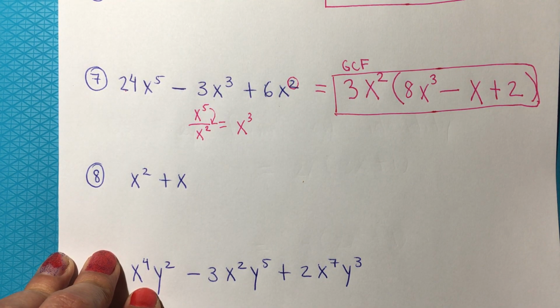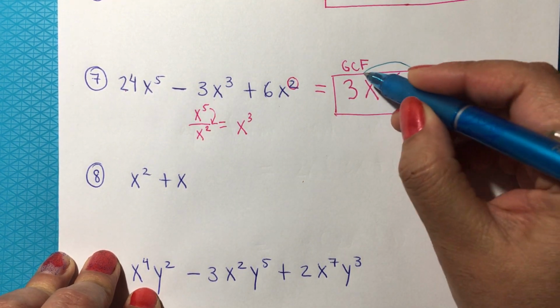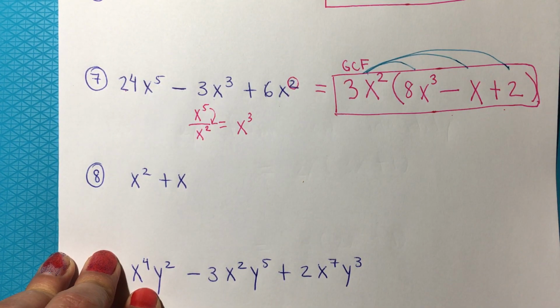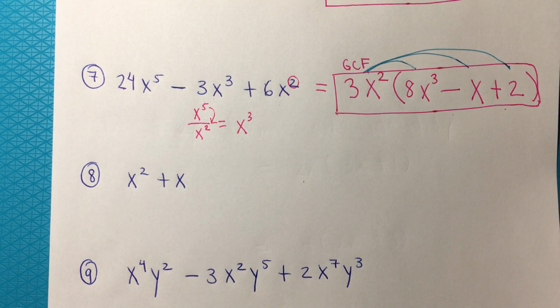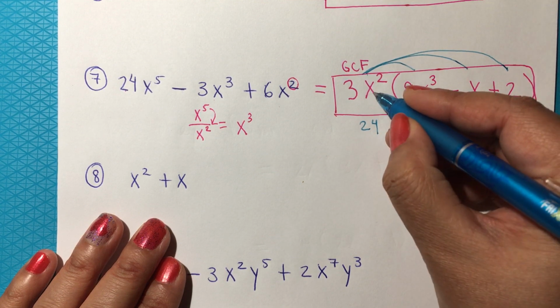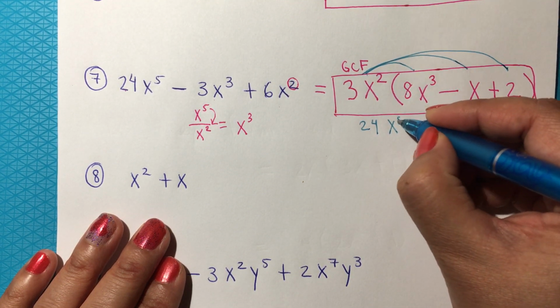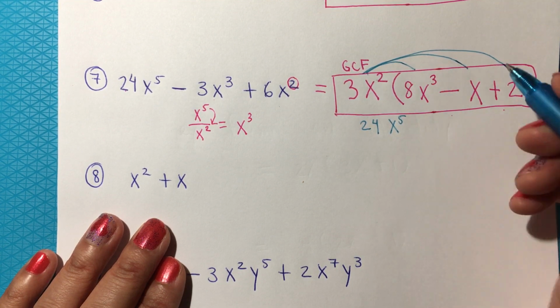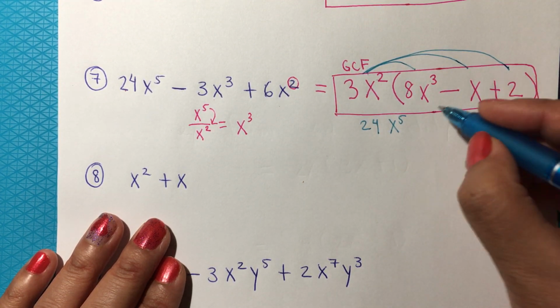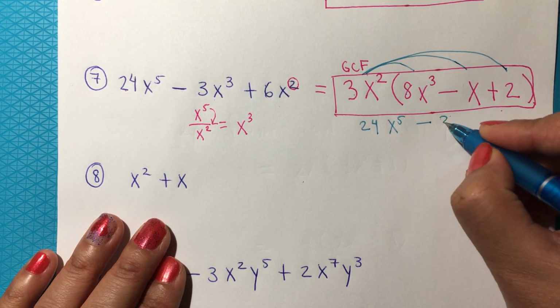Again, if you're not sure that you're getting the right answer, especially with these tricky ones, you can use distributive property and check that they do form an identity. Okay, so 3 times 8 is 24. X squared times x cubed is x to the 5th power. Remember that in multiplication we add the exponents. Positive times negative is negative. 3 times 1 is 3.